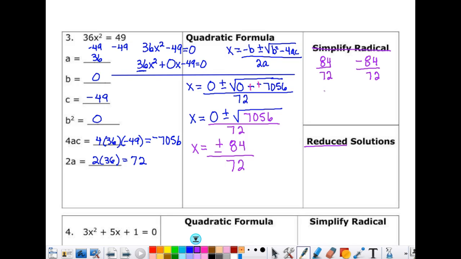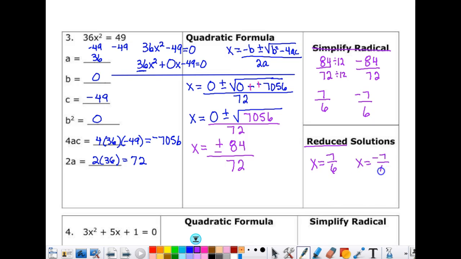So what will 84 and 72 both divide by? You might have to use your calculator a little bit, but they'll both divide by 12. So when you divide them both by 12, you get 7/6. And then you get a negative 7/6. So your answer is 7/6 or negative 7/6.